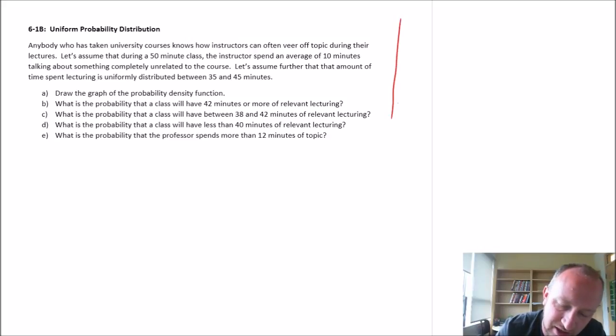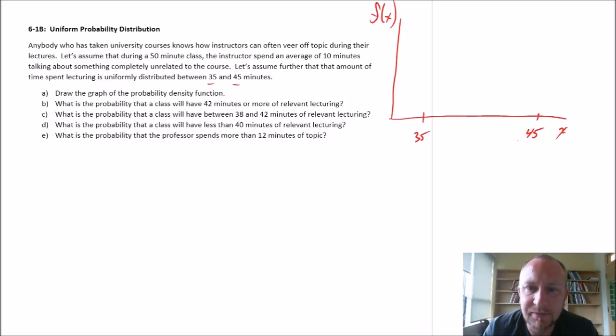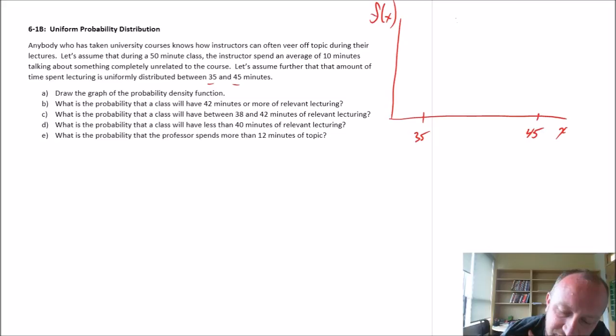So here we're going to have something that looks like this. Here's f of x, this is our density function. Here's the values that our variable of interest x can assume. And this is uniformly distributed between 35 and 45. So let's say this is 35, this is 45. Now we need to figure out the height of this probability density function.